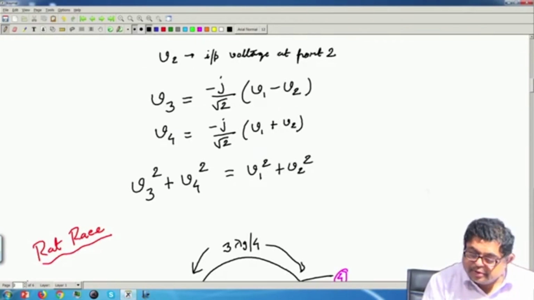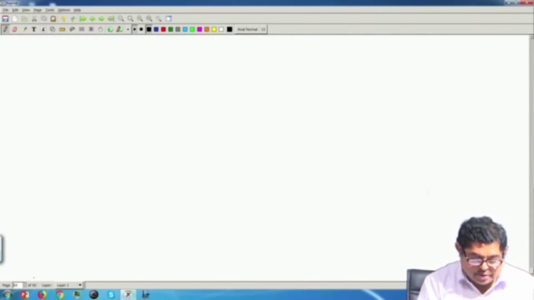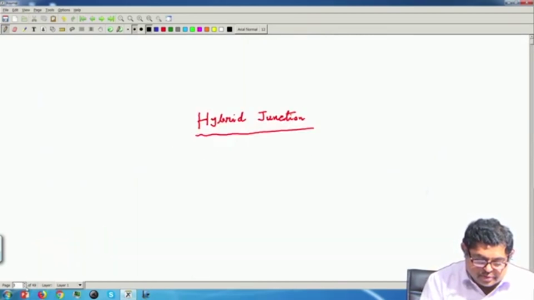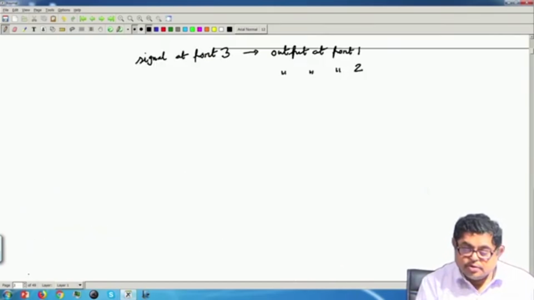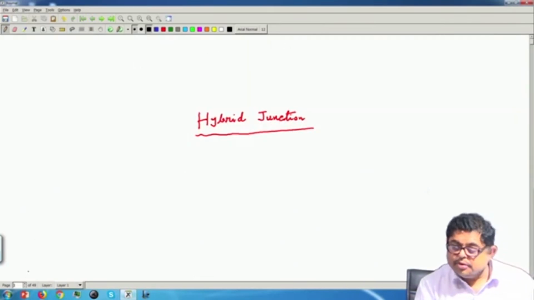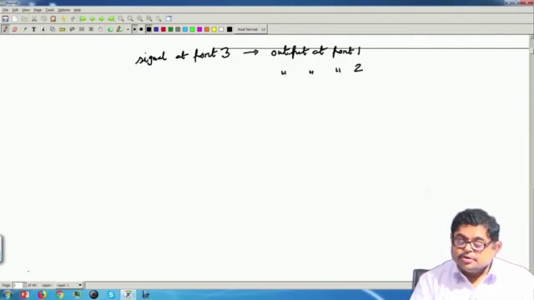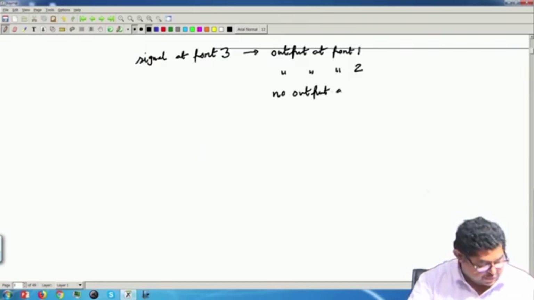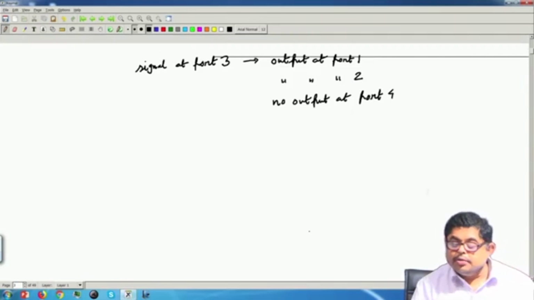You can easily check from the diagram because I do not know whether I have indicated the construction. Right. Signal at port 3. So, output at port 1, output at port 2, no output at port 4. I am not able to locate.